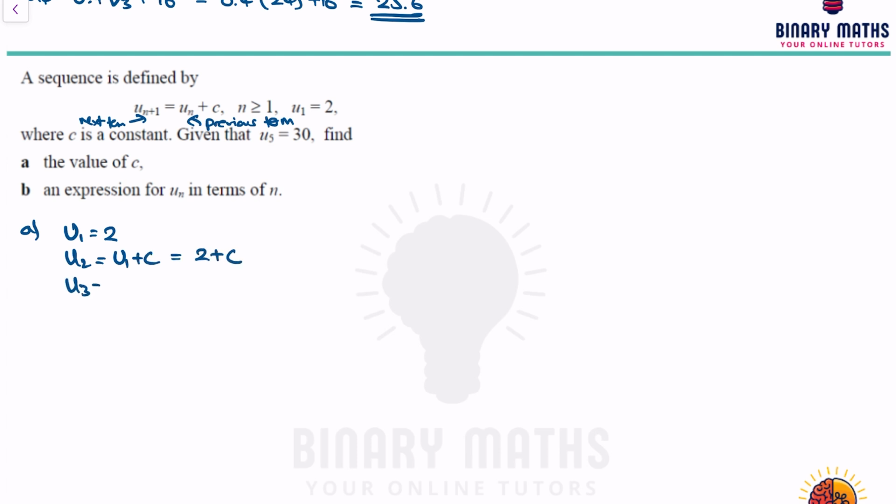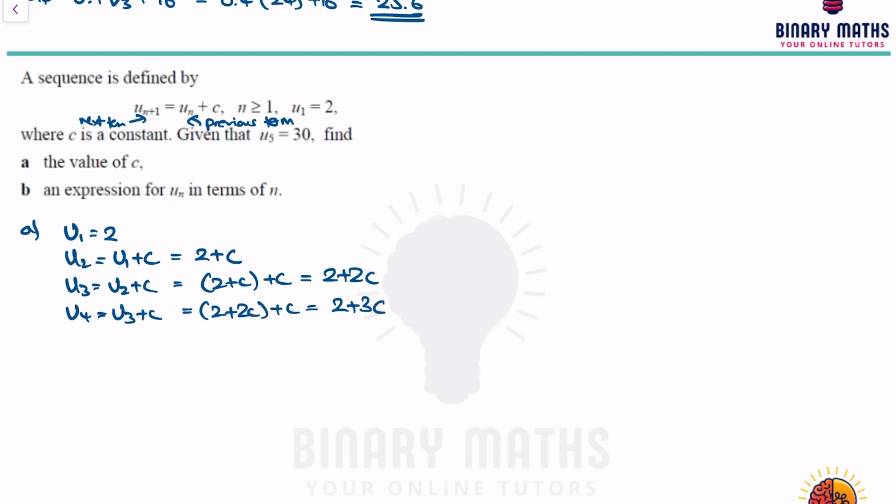To get u3 is u2 plus c, the previous term plus c, which is equal to 2 plus c plus c, which is equal to 2 plus 2c. To get u4, you're doing u3 plus c, which is equal to 2 plus 2c plus c, which is equal to 2 plus 3c. And u5 is equal to u4 plus c, which is equal to 2 plus 3c plus c, which is equal to 2 plus 4c.